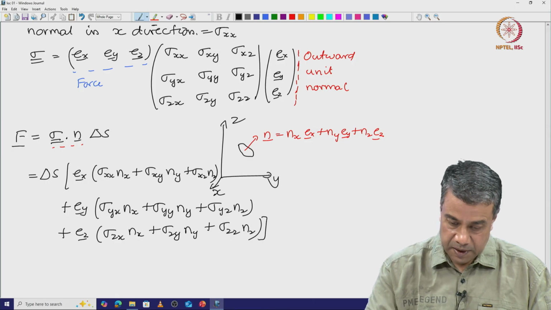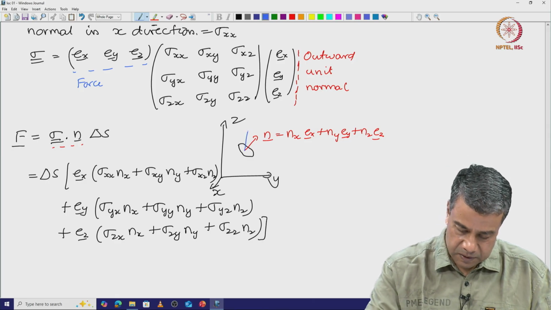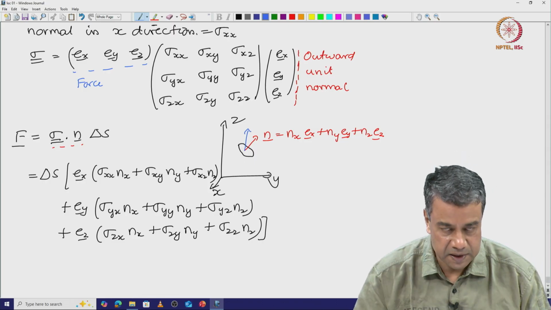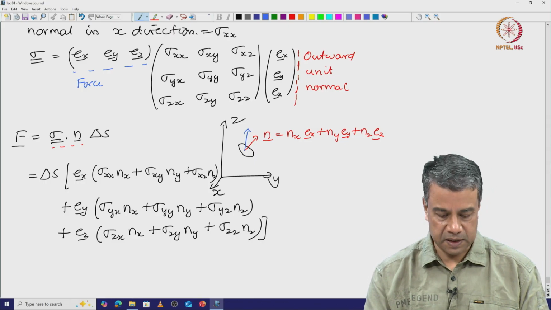So, that is going to be the force exerted at a surface whose outward unit normal is n if the components of the stress tensor are sigma xx, sigma xy, sigma xz, etc.